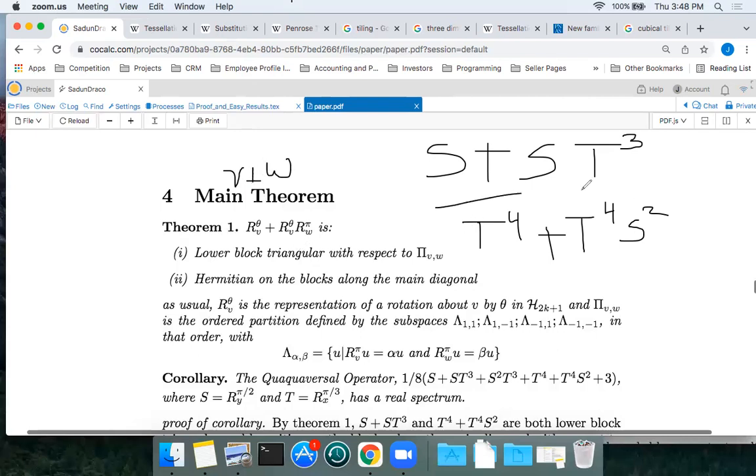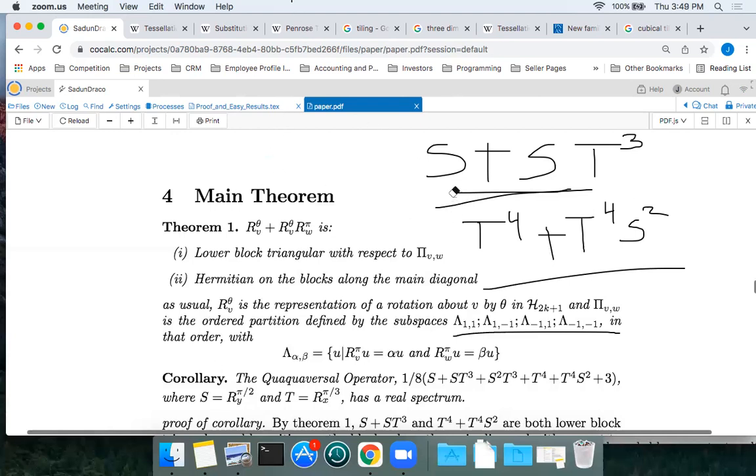That includes this case and this case. It will be, first of all, lower block triangular with respect to this partition. Here's a matrix, and I've partitioned the representation into these 4 subspaces. It's lower block triangular with respect to this, and it's Hermitian on the blocks along the main diagonal.